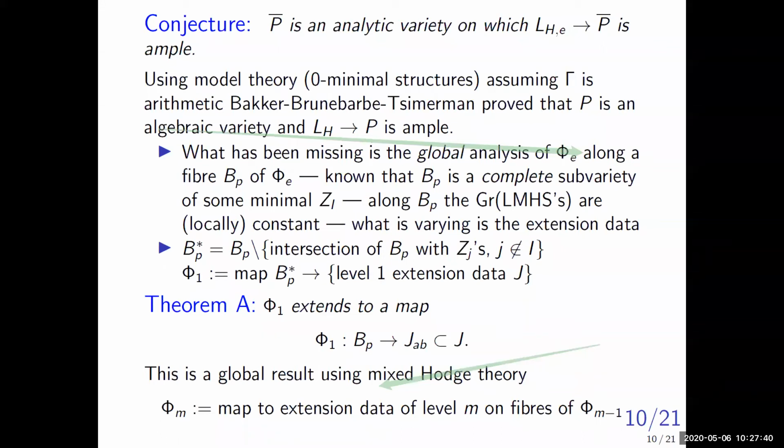So whenever you have a map from the first homology of a complete variety to the first homology of a compact torus, that's a morphism of Hodge structures, that induces a holomorphic map of the variety itself through the Albanese variety of BP to J. So that's the reason that phi1 extends.